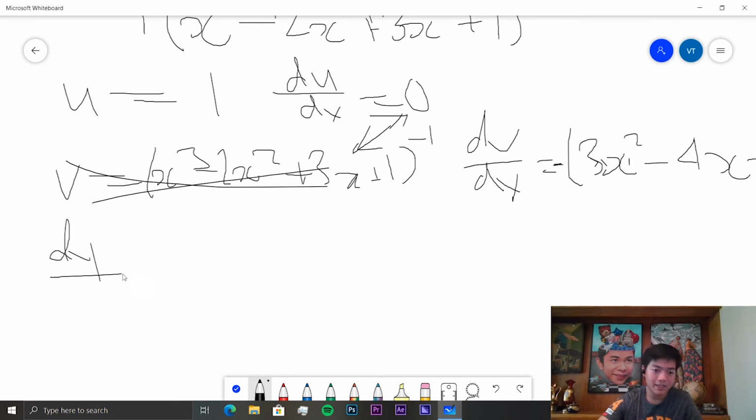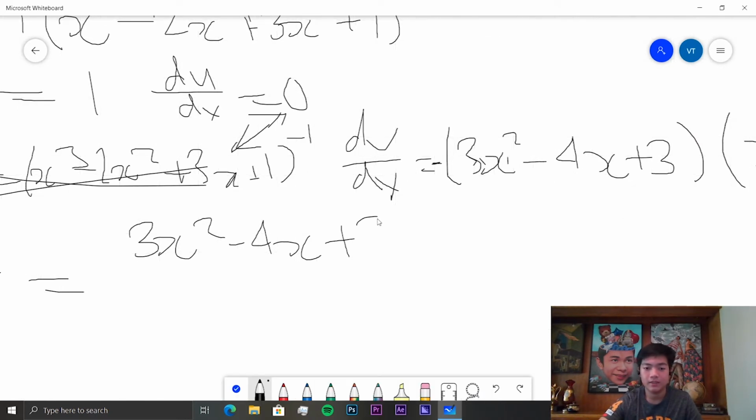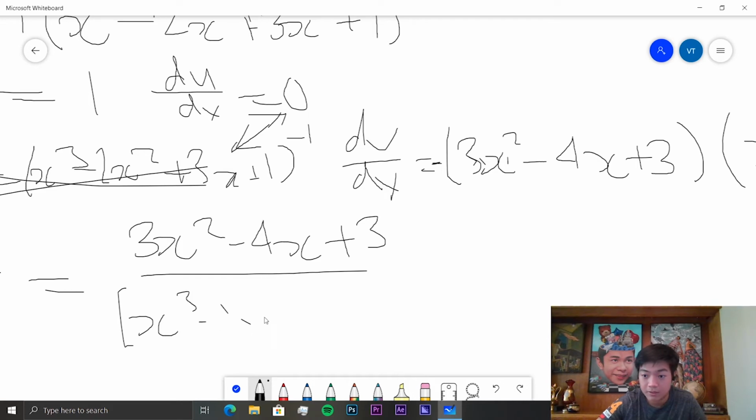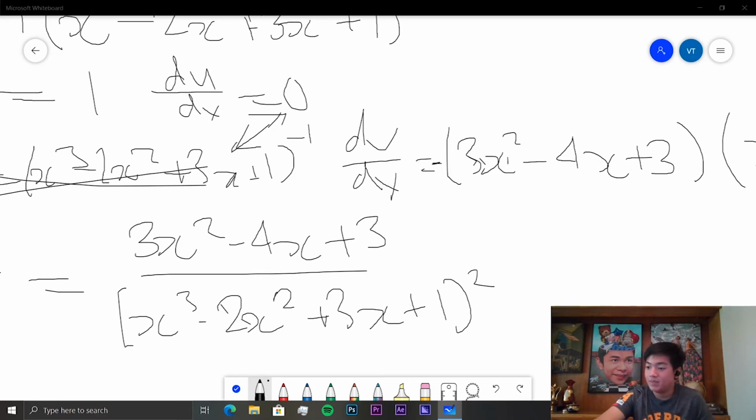So dy over dx should simply be equal to 3x squared minus 4x plus 3 divided by x cubed minus 2x squared plus 3x plus 1 squared, all squared. Yeah, so that should be it. So we can move on to the next question.